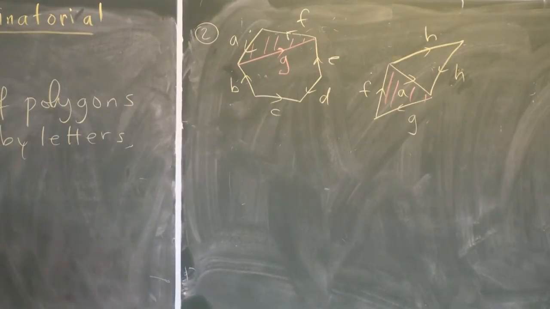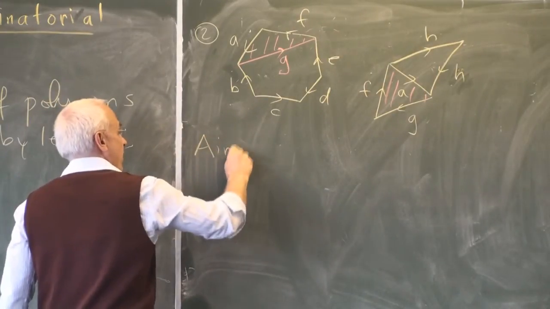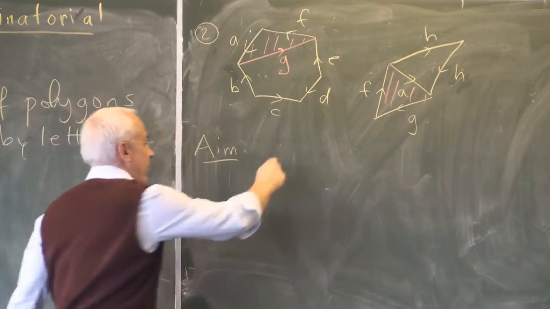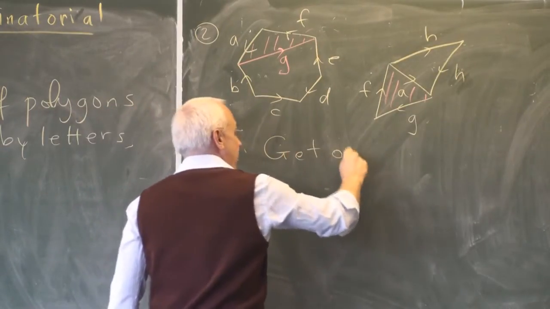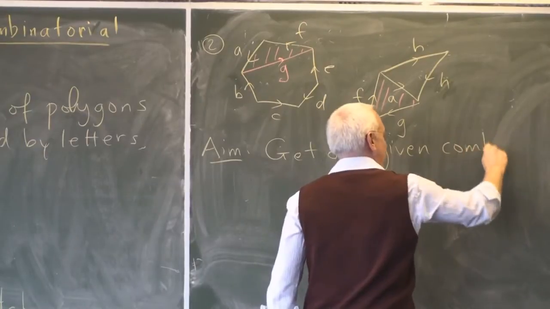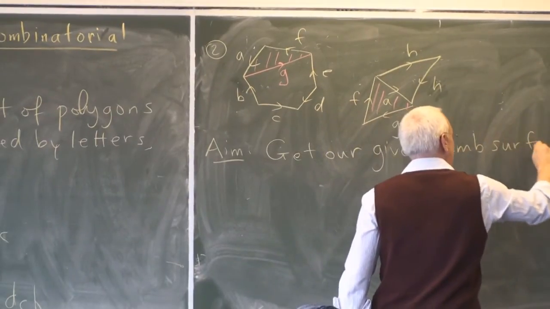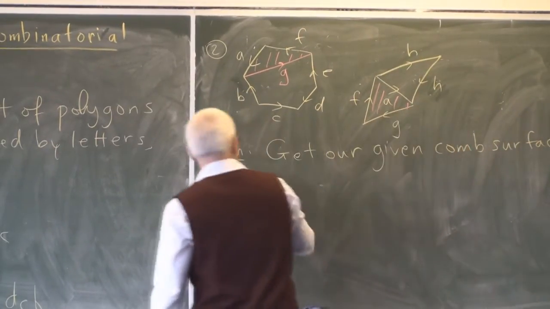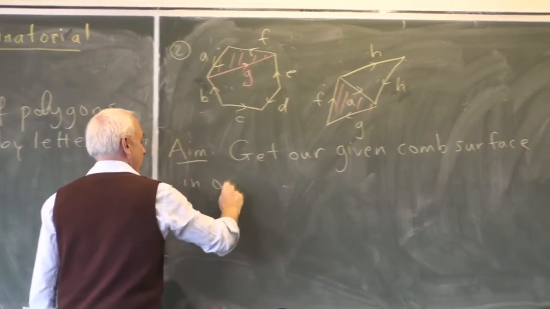Okay, and our aim is to get our given combinatorial surface into one of our three standard forms.